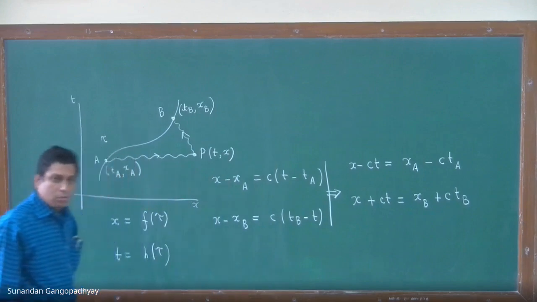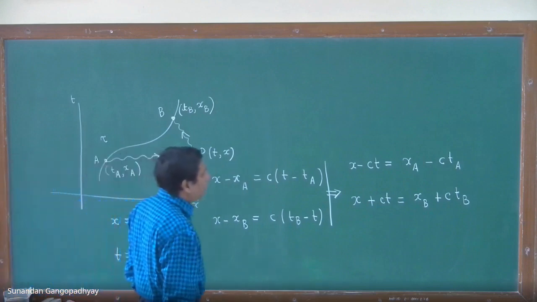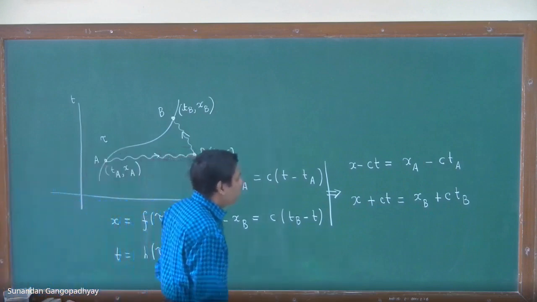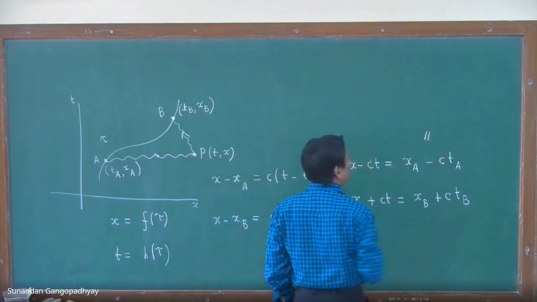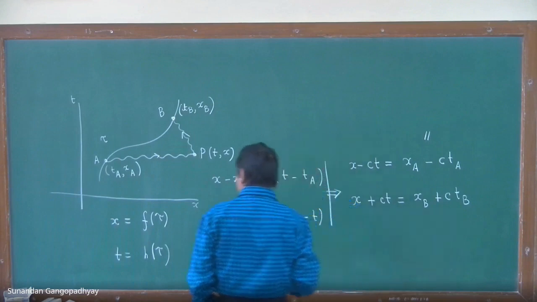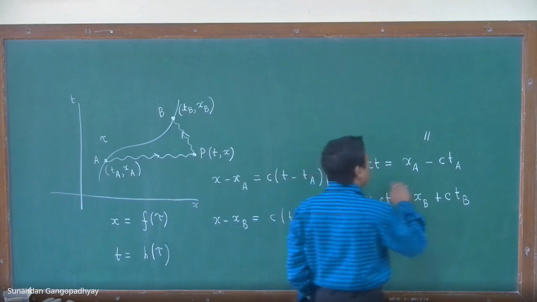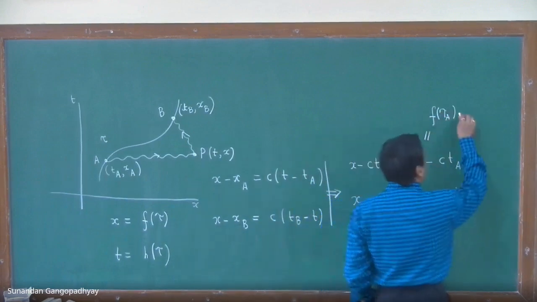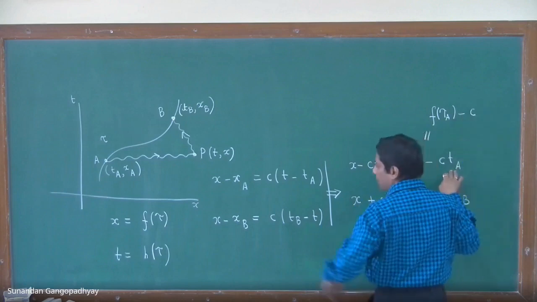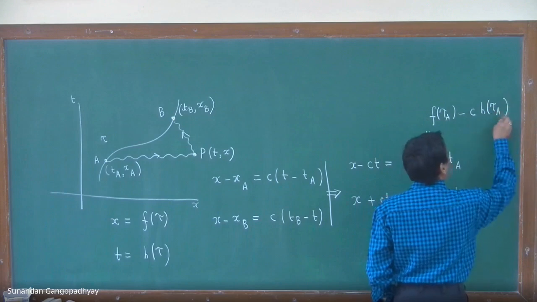So these are the two equations that we have derived earlier, and what this says is the following. You can further write one more step to get a nice form for these equations. We know that x is equal to f of tau, therefore xa is nothing but f of tau a, minus c times h of tau a.